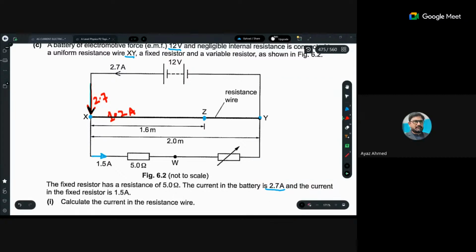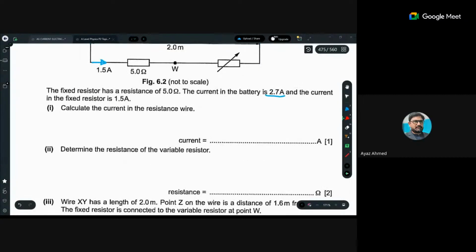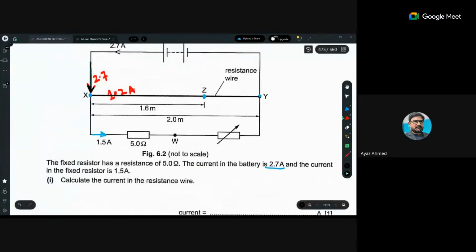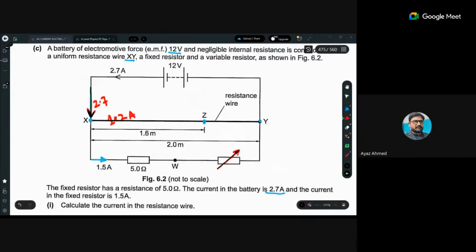Very good. Next is that determine the resistance of the variable resistor. Where is your variable resistor? This is your variable resistor. This is a very good question again, because that is the combination of potential divider and current divider.